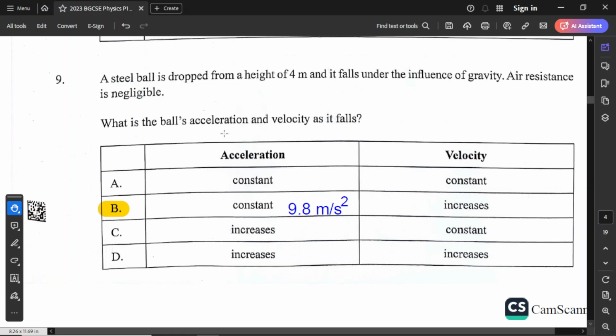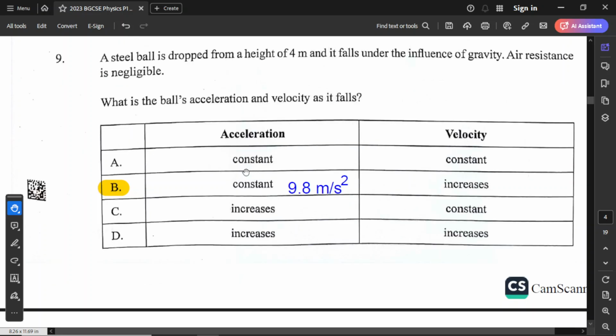What is the ball's acceleration and velocity as it falls? The acceleration will be constant because it is under gravity, about 9.8 or 10 meters per second squared. And the velocity will be increasing, because the change in velocity gives us the acceleration. If the velocity is constant, then there will be no acceleration.